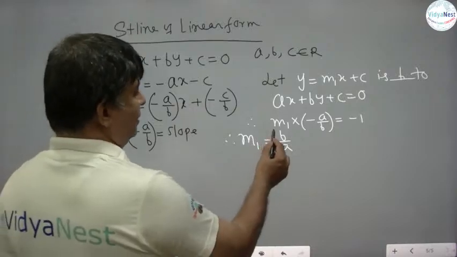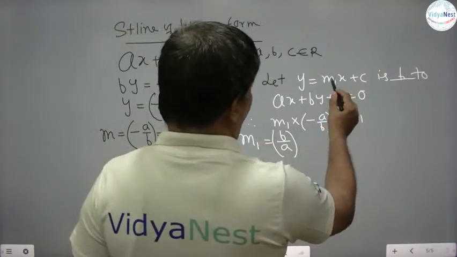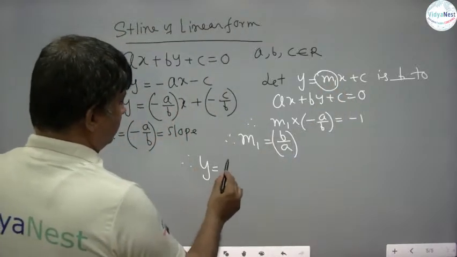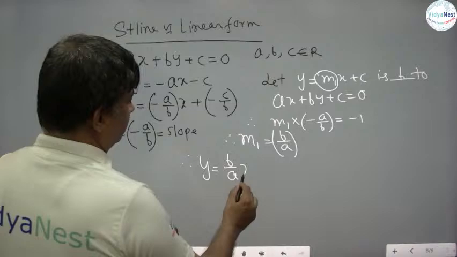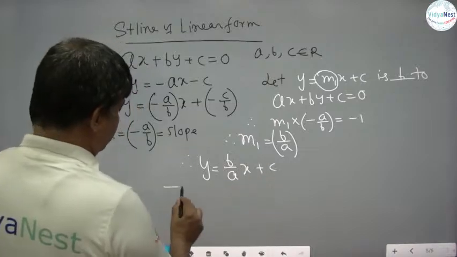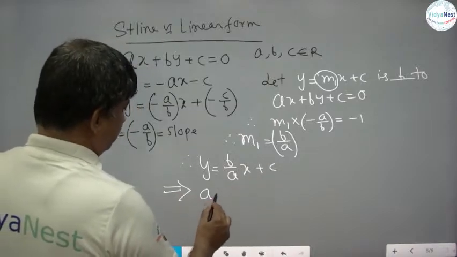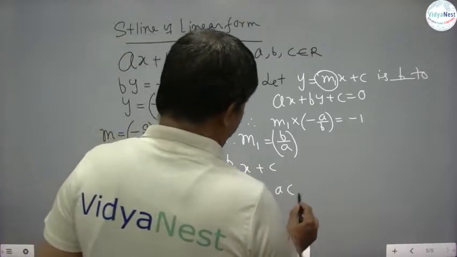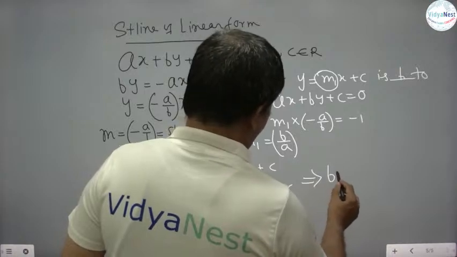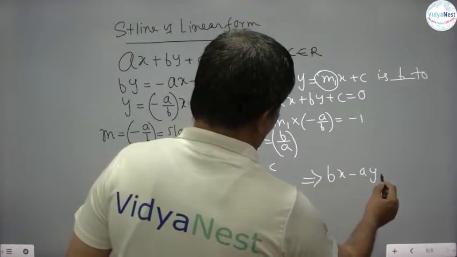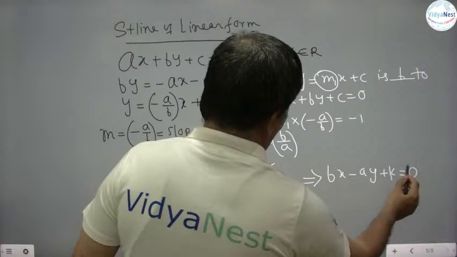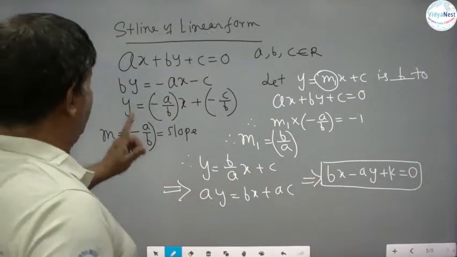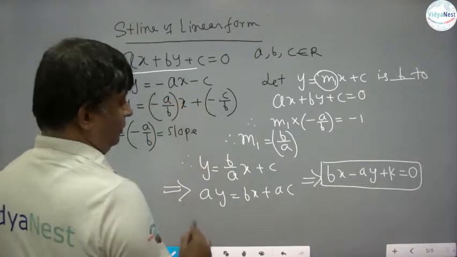So you plug the value of b by a and put here. So this is the line which is perpendicular to the given line.